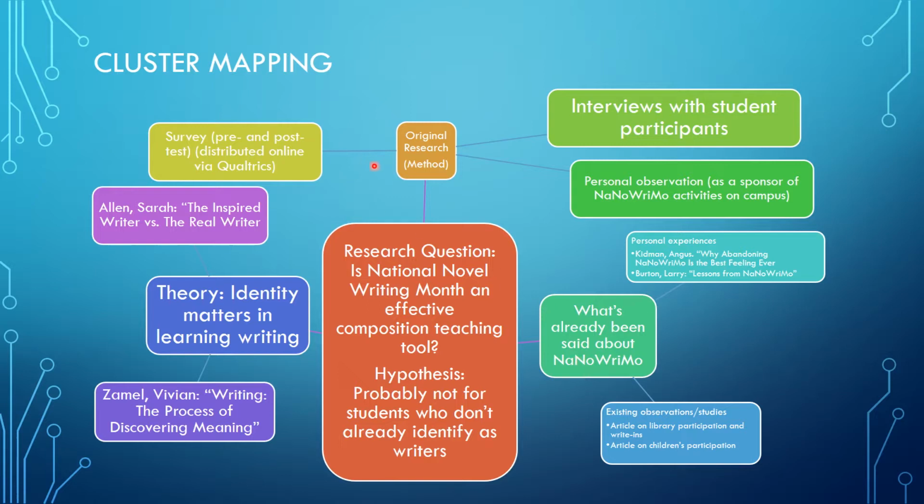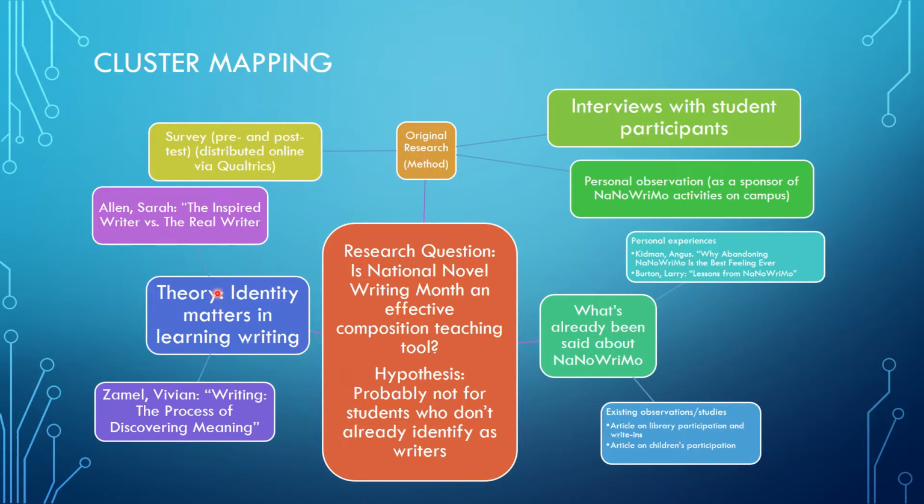So here I've got three possible methods I can use. I can use my personal observations, I can interview student participants, and I can survey participants. Now, I intend for this project ultimately to do a mix of these, and that's fine, but it's important that I keep that inventory in mind.